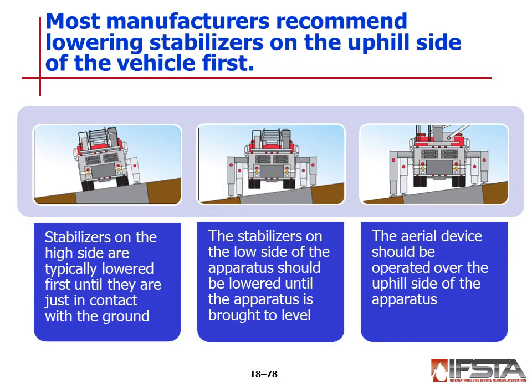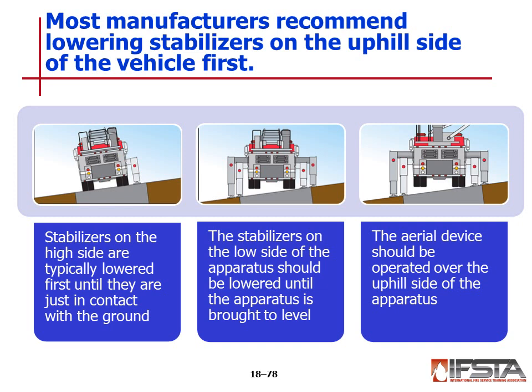Most manufacturers of aerial devices recommend lowering the stabilizers on the uphill side of the vehicle first, although some may specify the opposite. Stabilizers should be lowered only until solid contact with the ground is made. Lower downhill side stabilizers until they raise the downhill side of the truck level with the uphill side. The driver operator must make sure to raise the truck enough to activate the interlocks if the apparatus is so equipped.